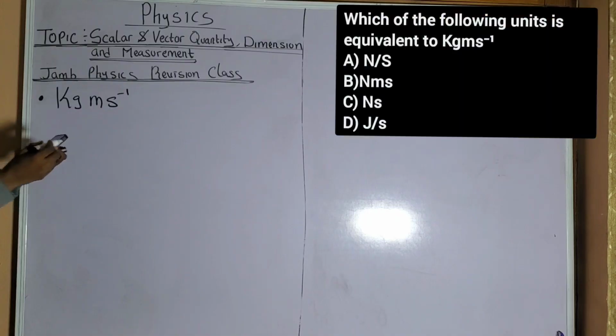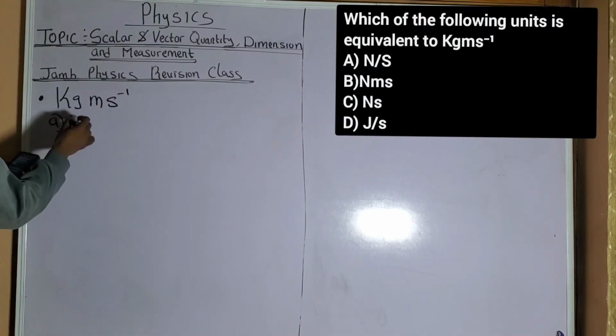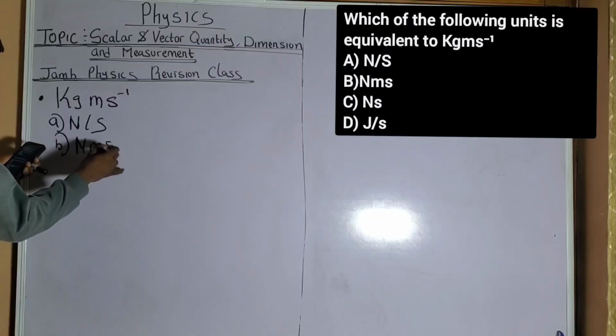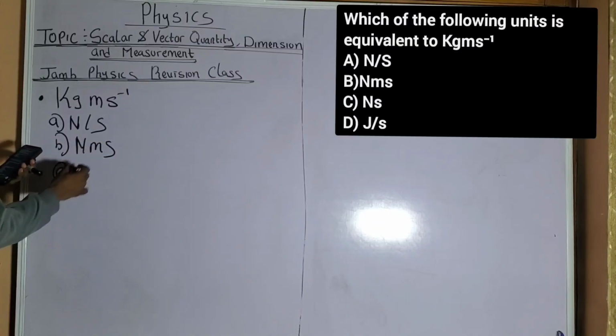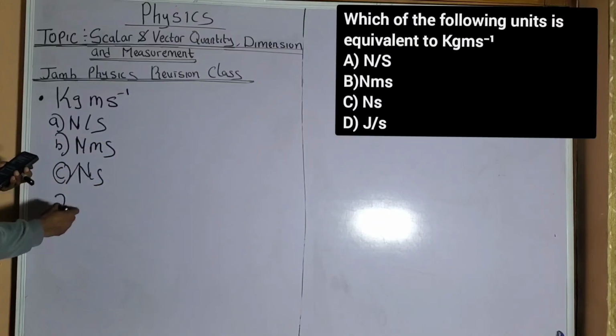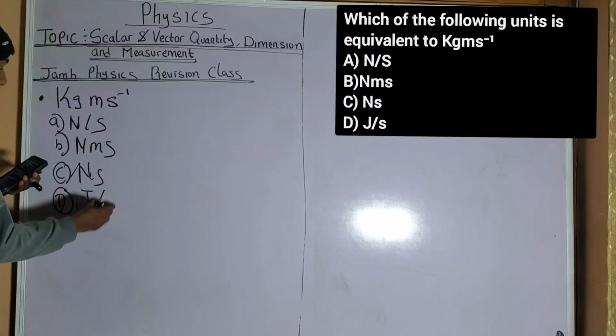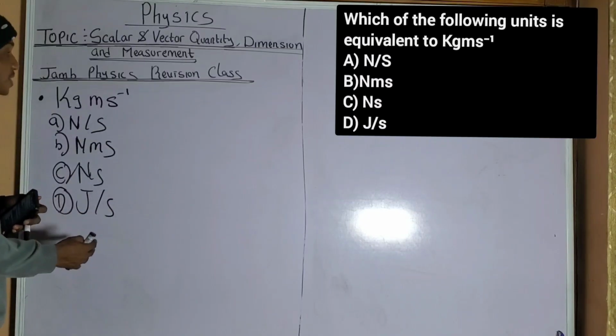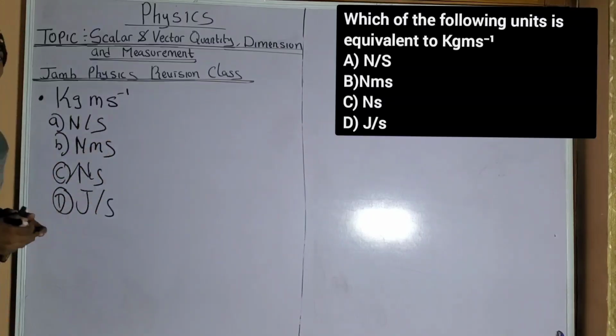Now we are given the following options: Newton per seconds, Newton meter seconds, option C, Newton seconds, and option D, joules per seconds. Now we want to examine the following options. Which of them is equivalent to this? Are you getting it?